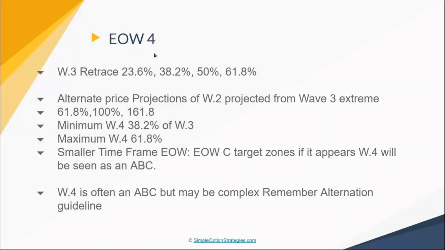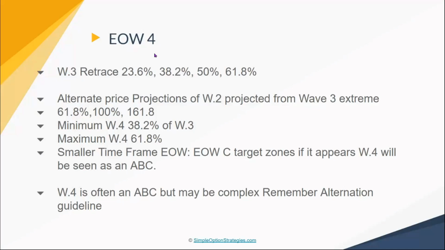Oh boy. Okay. So wave 4 is what we're trying to figure out. We've got 3 up and we're trying to know when the wave 4 is over with so we can trade the wave 5. Wave 4s are the most cantankerous wave out there.